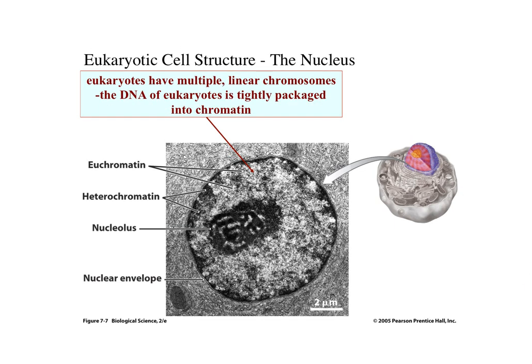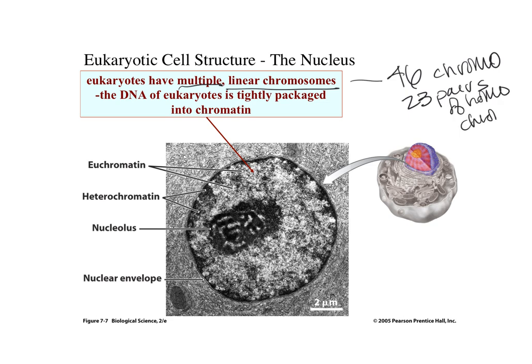Nucleus, multiple linear chromosomes. How many do we have? 46 chromosomes, 23 pairs of homologous chromosomes. We'll get to that later. Tightly packaged into chromatin, right? We call it chromatin when it's all in its regular state, which we would call spaghetti.